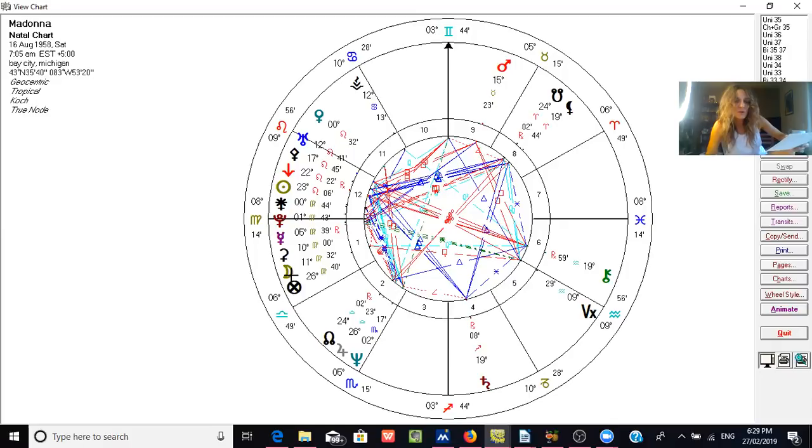So it's the moon. Now, the moon is angular. When a planet is angular, meaning first, fourth, seventh, or 10th, these are the four most potent, most powerful, most active, energized parts of the chart.